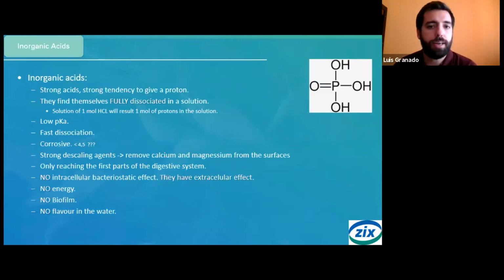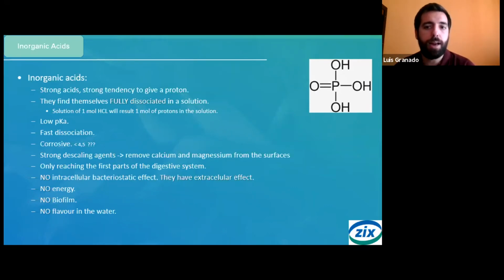So inorganic acids, then we have there again the orthophosphoric formula, which is the one that we will find the most in animal production when using inorganic acids. So they are strong acids because they have a great tendency to dissociate and release a hydrogen proton. And this is what I explained before when we talk about the dissociation constant, okay? What does that mean then?